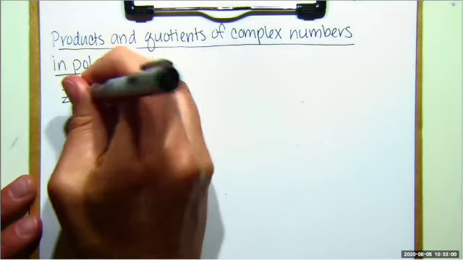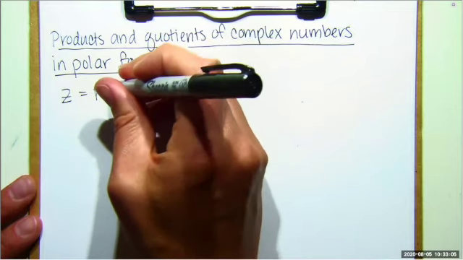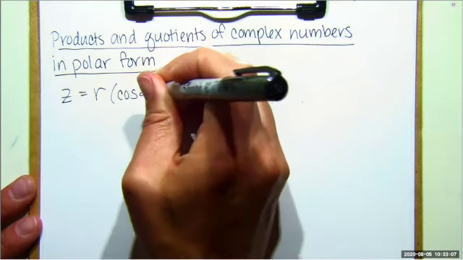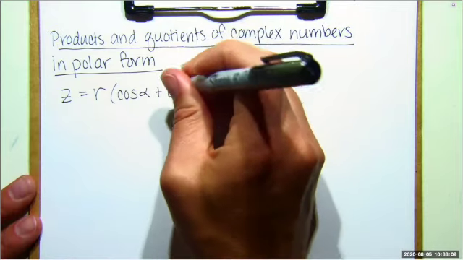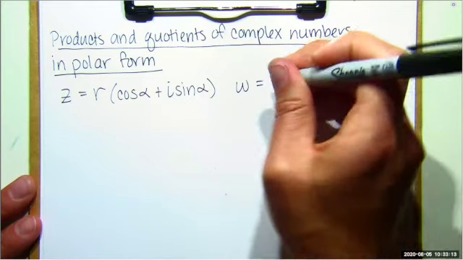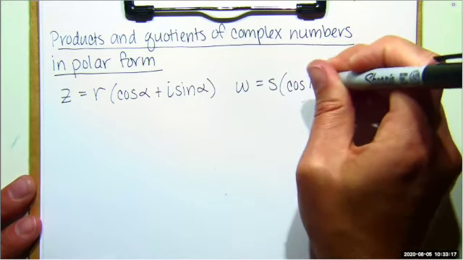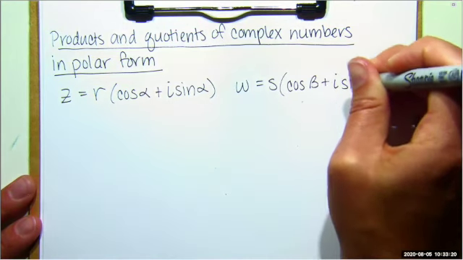Here, what we're going to do is take a look at two complex numbers. I have z is equal to r cosine of alpha plus i sine of alpha. And then a second complex number I'll call w. And we'll just use some different variables here. So s cosine of beta plus i sine of beta.